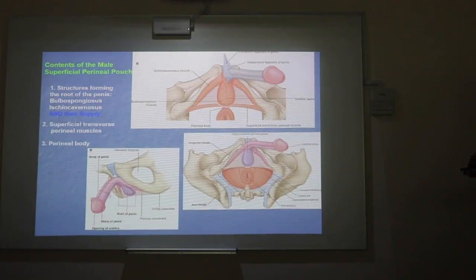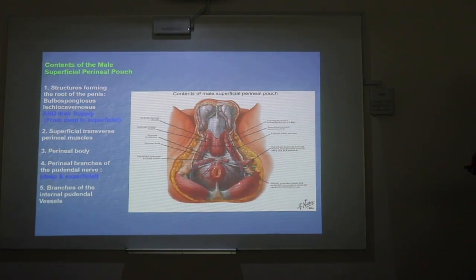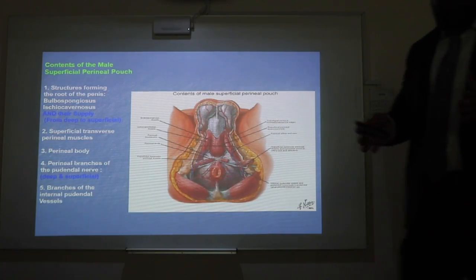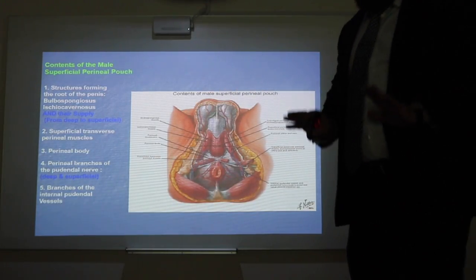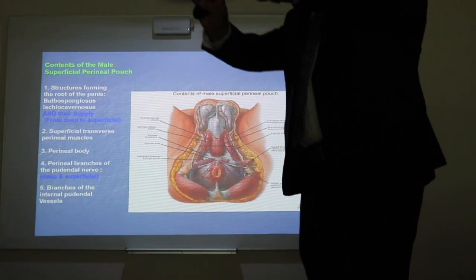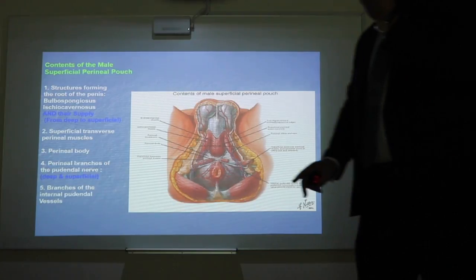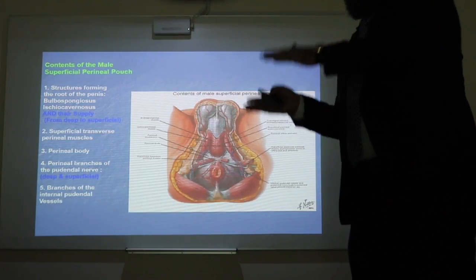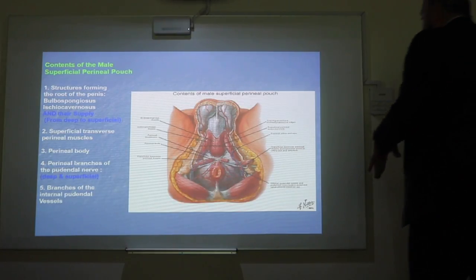You have the blood vessels coming from Alcock's canal, penetrating the deep pouch, and then from the deep they reach the external genitalia. So the only common things between the superficial and the deep are the blood vessels and the nerves, because they penetrate the deep first and then they reach the superficial. The only other difference is that Cowper's gland in males is in the deep, Bartholin gland in females is superficial.